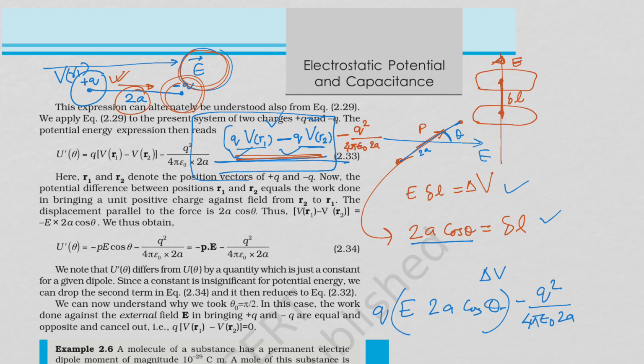And from here you can see that 2aq is our P, and then E cos theta minus q square upon 4 pi epsilon naught 2a.